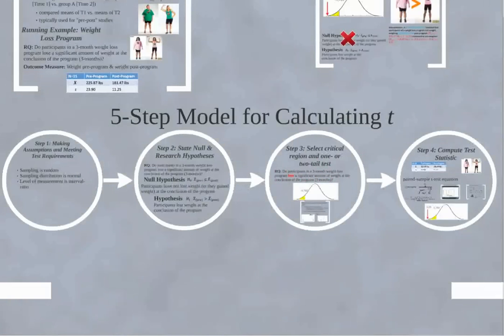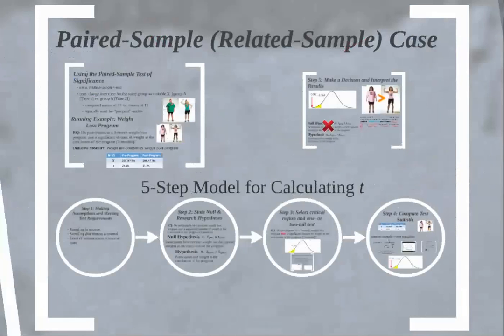So again, thinking about this model, this is a very similar 5-step model that we will be doing going forward. The difference is that when we're talking about hypothesis testing, each test does something slightly different, right? For the paired sample, what it does, just to conclude here, is test pre and post scores, right?